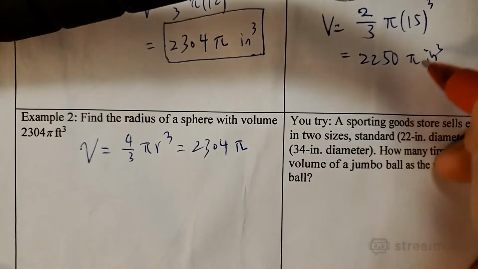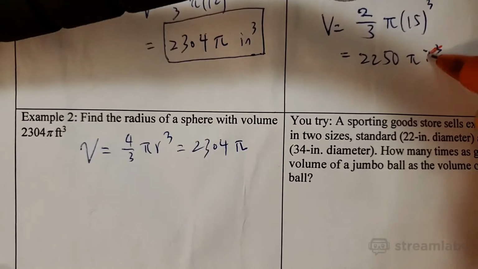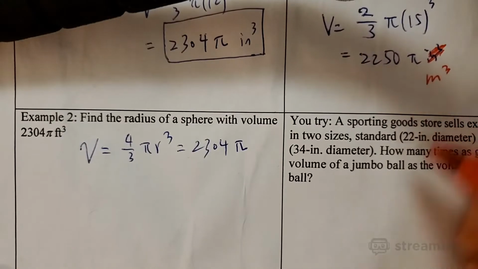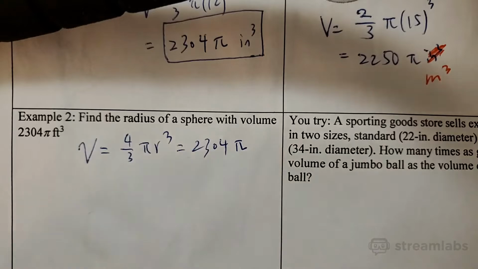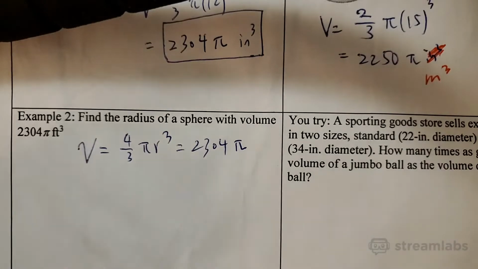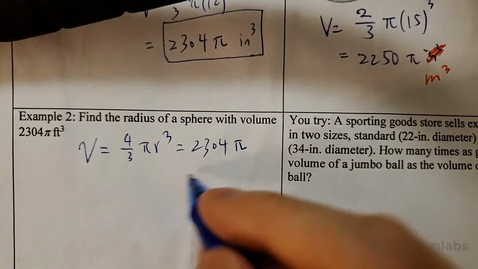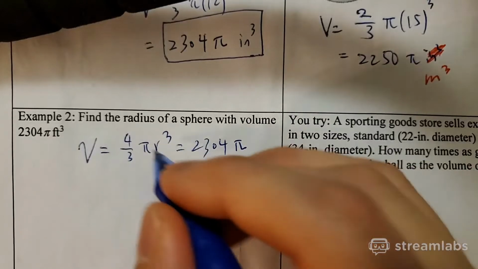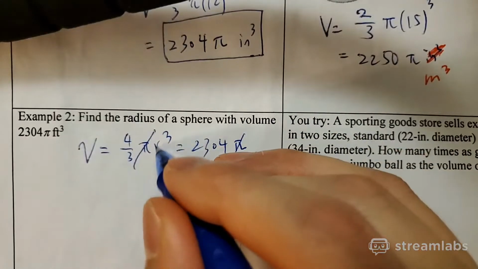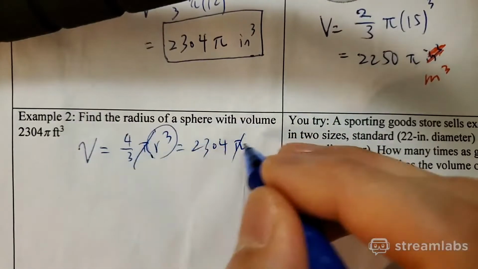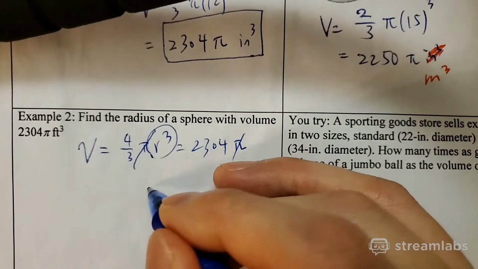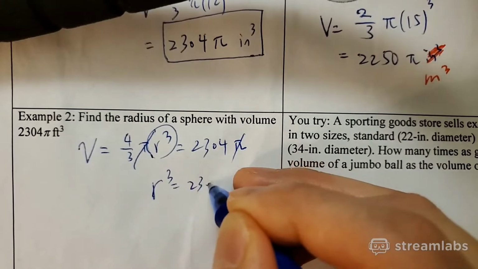Oh sorry, it's meters cubed. Meters cubed. You're right, meters cubed. Thanks, Joseph. So then when you get this, you can cancel out the pi, and to solve for r cubed, you can multiply this over, or divide this over, which is multiplied by the reciprocal.